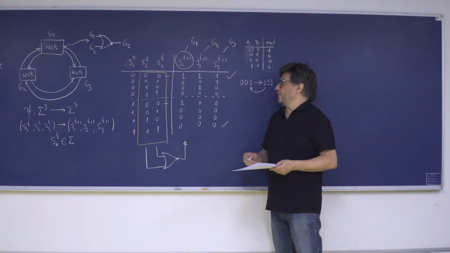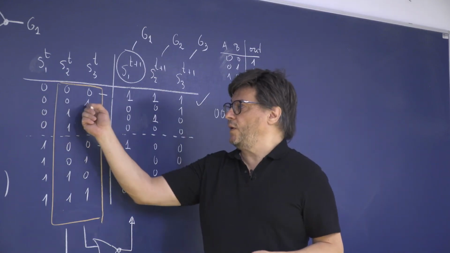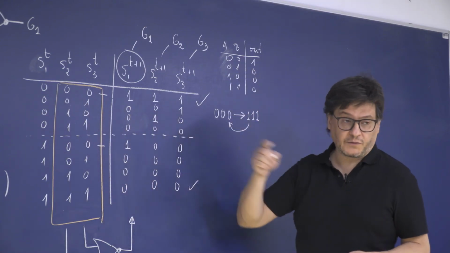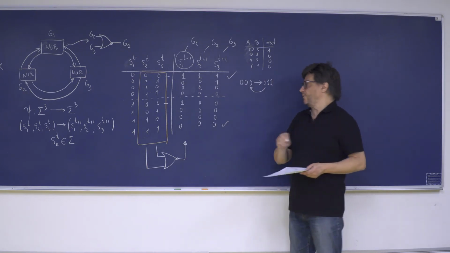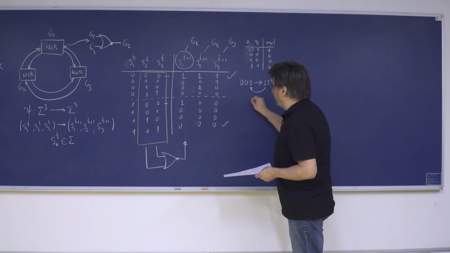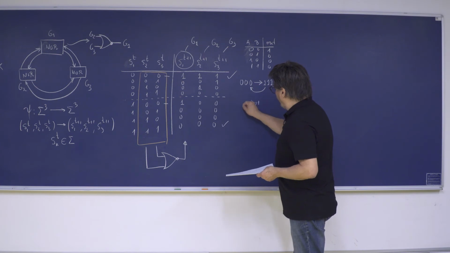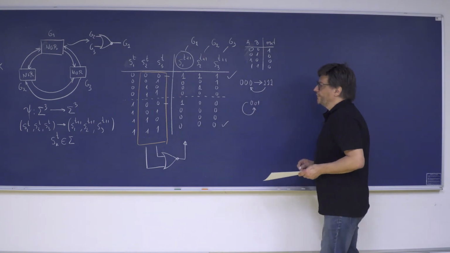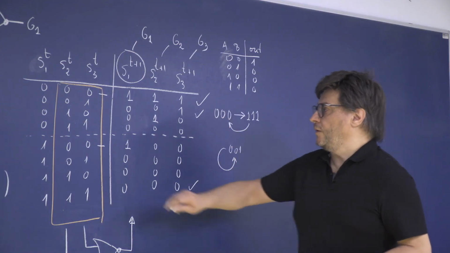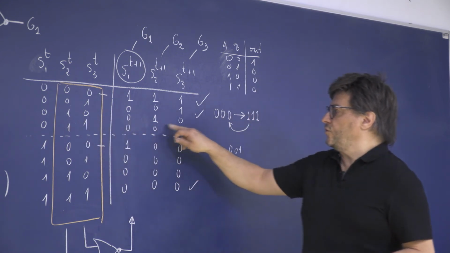If you keep doing that, you see that 0, 0, 1 goes into 0, 0, 1, so into the same state. So that would be another attractor here. 0, 1, 0 goes to 0, 1, 0.